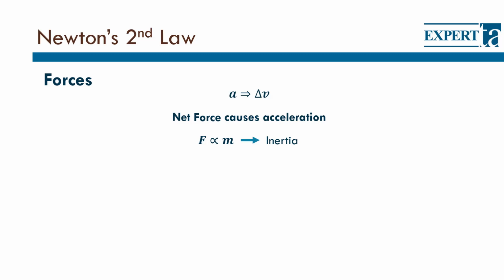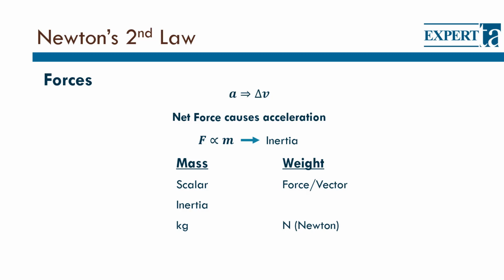So let's look at the distinction between mass and weight. Mass is a scalar quantity, weight is a force, and so it's a vector quantity. Also, mass is a measure of the inertia by definition. It's measured in kilograms in the SI units, and weight is measured in newtons, denoted by N. So the unit of force is the newton.